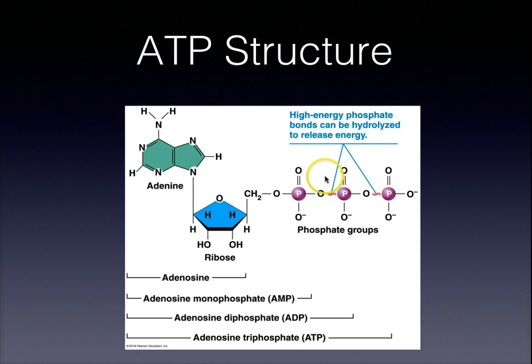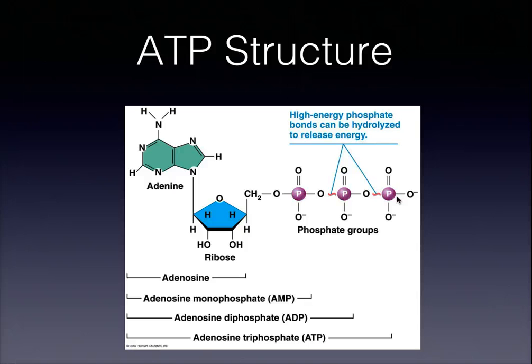Now what's important is that these bonds between the phosphate groups are high energy bonds. You can see that these phosphate groups have a negative charge, and we know that like charges tend to repel each other, okay? But these bonds, you can think of trying to shove together two things that might not want to be together.